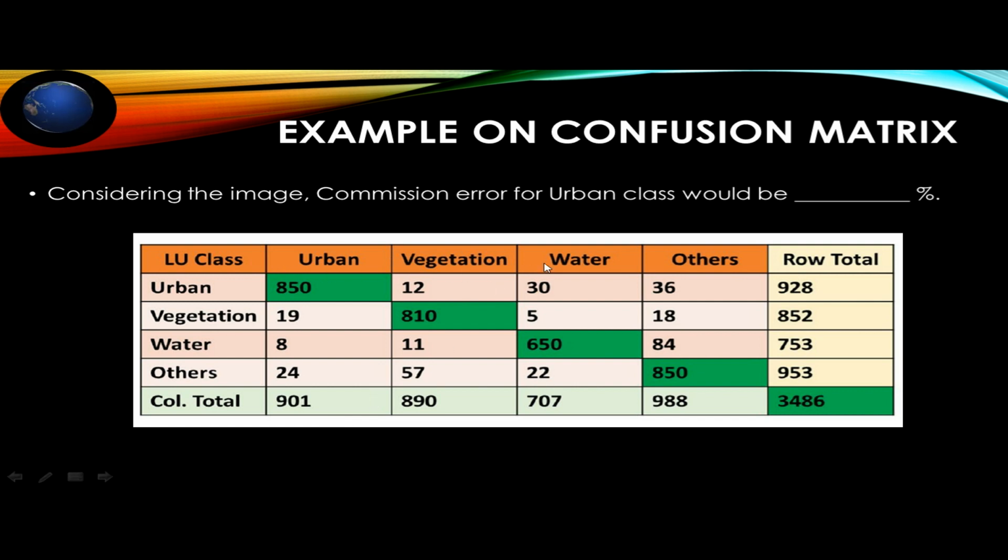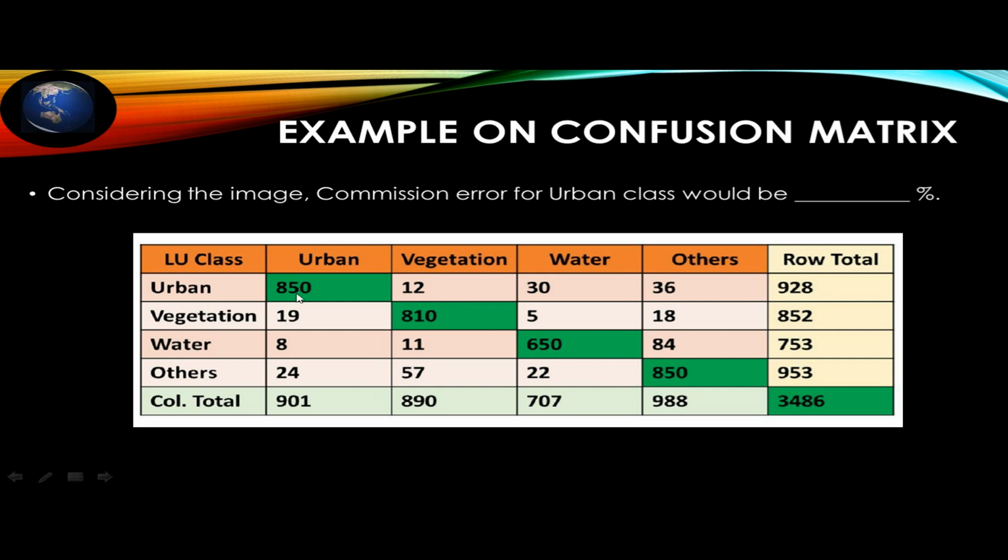The rows deal with user accuracy, and the columns deal with producer accuracy. Here the urban row has 850 pixels, vegetation 12 pixels, water body 30 pixels, and others 36, so the row total for urban is 928.